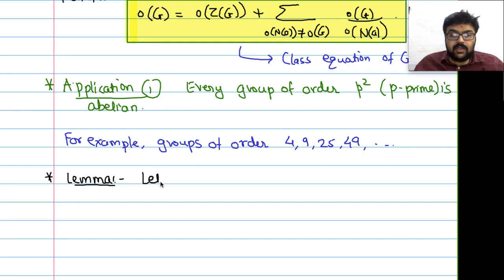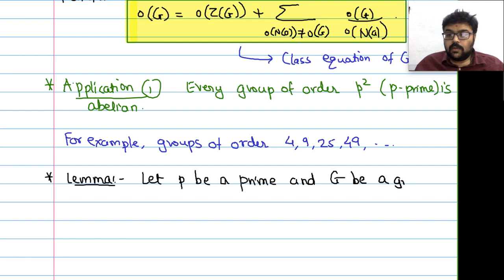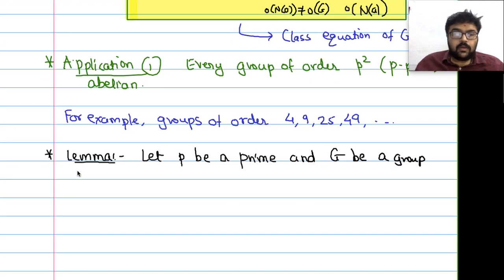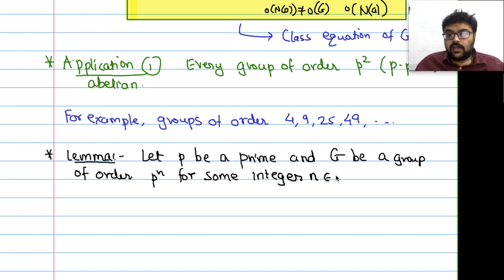So let p be a prime, and G be a group of order p raised to n for some integer n, n belongs to the natural numbers.